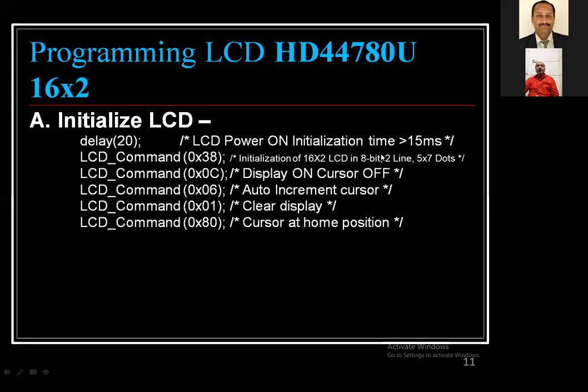The comments are also written here. 0C is display on, cursor off, so the backlight, the green light, will be on, but the cursor is nowhere to be observed. 06 is auto increment cursor, so it is shifted 1 character at a time to the right. 01 means clear the display, and 80 is for the home position, cursor at home position.